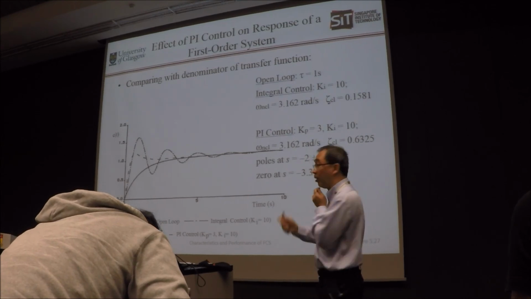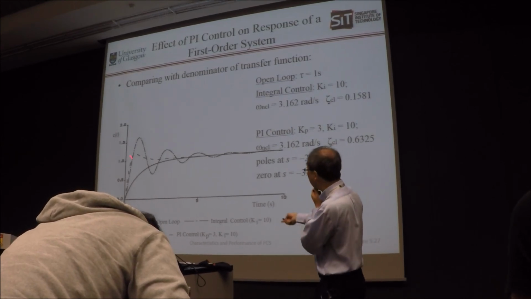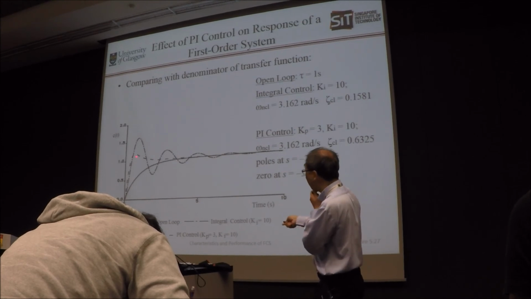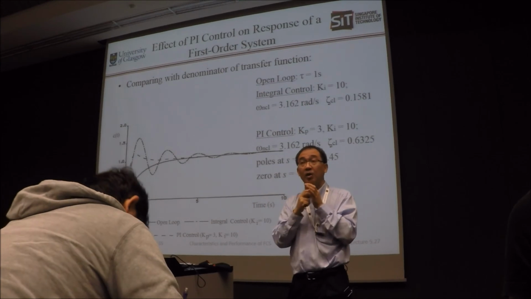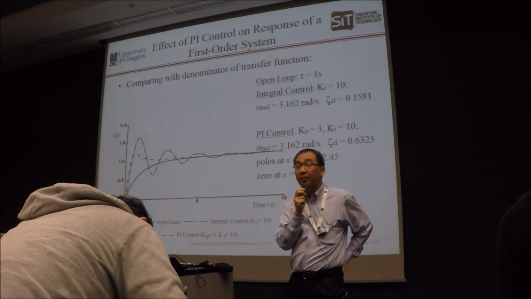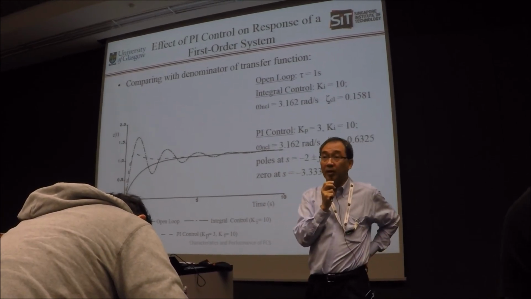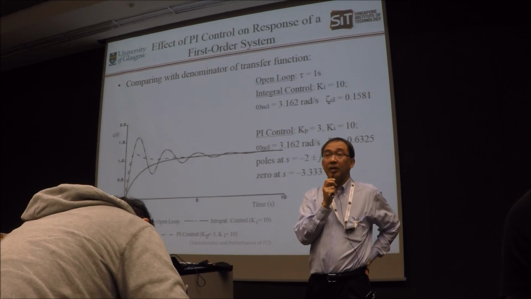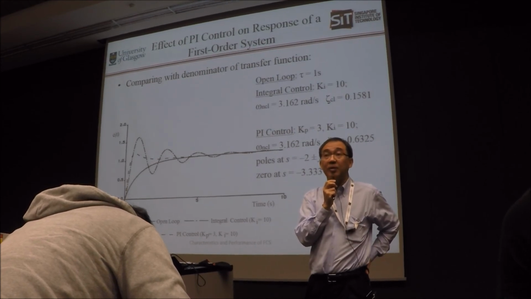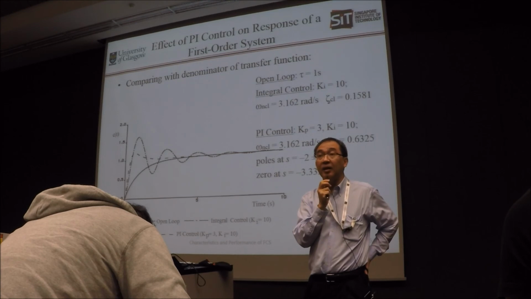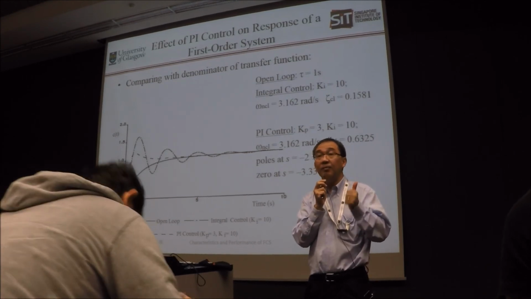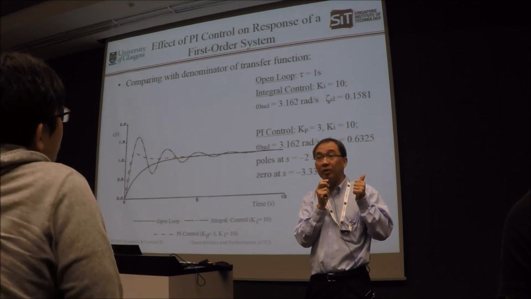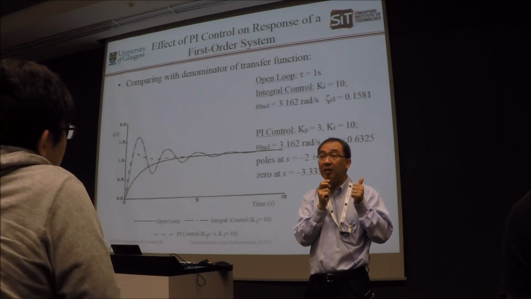Though it's to the left of your complex conjugate pole, it still gives you some of the effect we discussed earlier. When you have a zero on the real axis, your system response can be quite different, in that the zero has the tendency of increasing your maximum overshoot and at the same time speeding up the response.